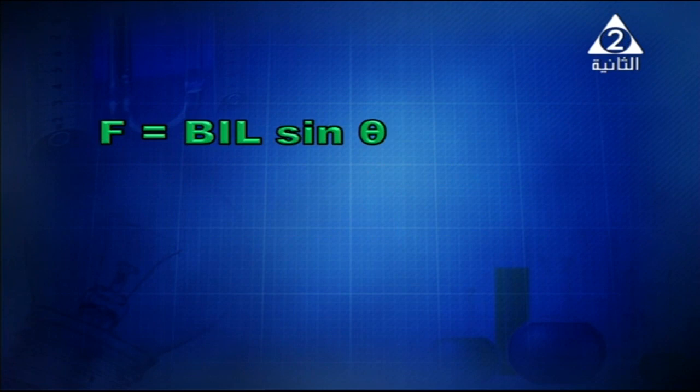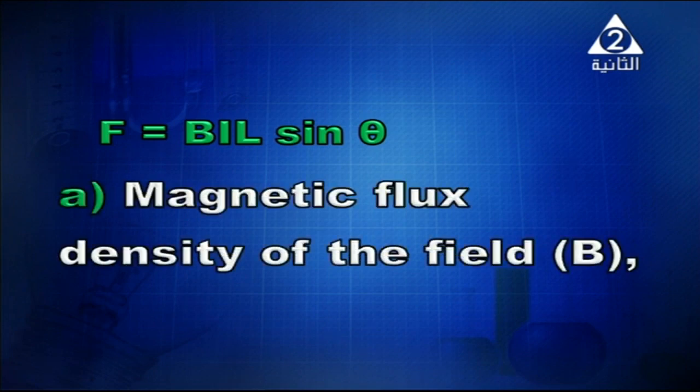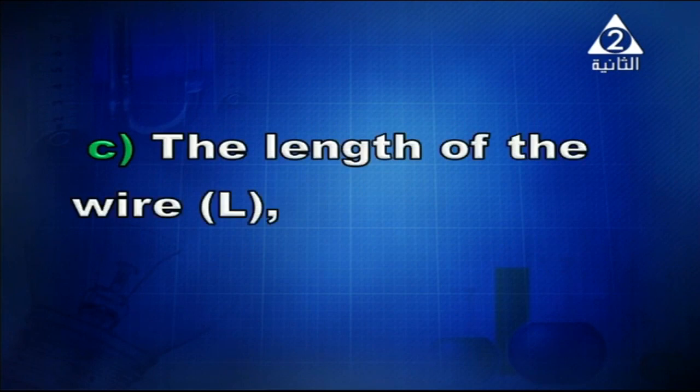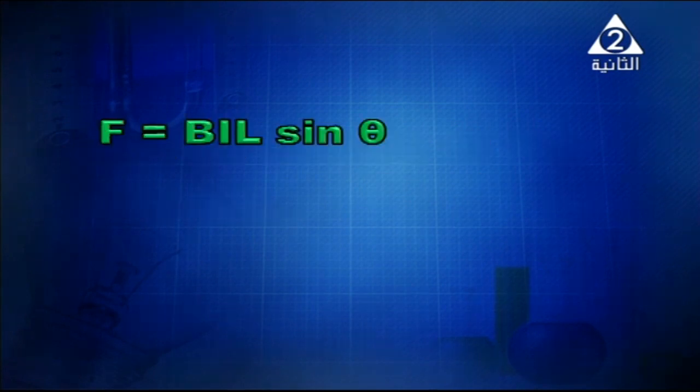Force is determined from BIL sine theta. So first of all, the magnetic flux density of the field, the intensity of the current flowing through the wire, the length exposed to the field, and sine the angle between the wire and the field lines.